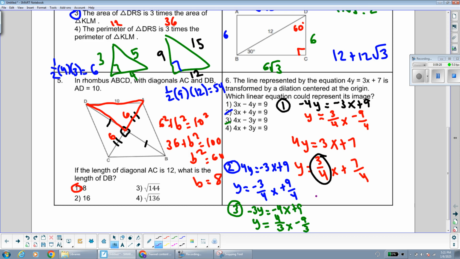And then finally, the last one, let's check it out. And divide everything by 3. And already we see the slope is not the same as the original, so that's not it. Answer choice 1, our first one, is the only one that has the correct slope.